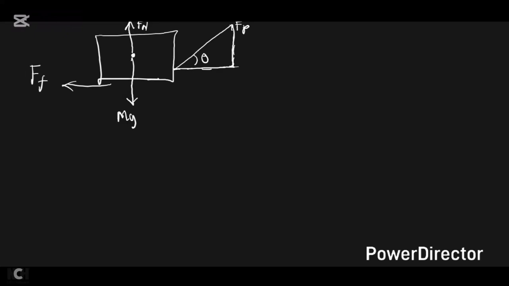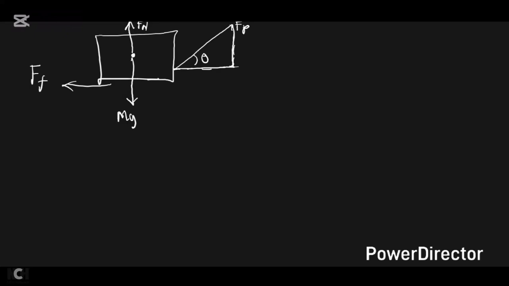Now, remember that this object is being pulled at an angle, meaning that the force is divided into the x-axis and also the y-axis. So how are we going to find the force in the y-axis?